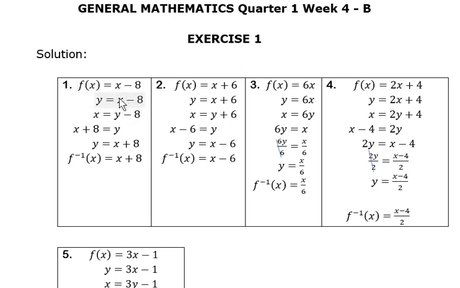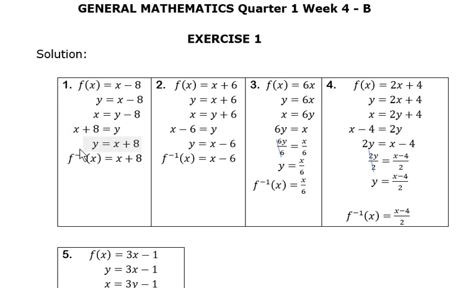Then interchange x and y. So the y becomes x, the x becomes y, and we have to isolate y. Since we have negative 8 here, to eliminate negative 8, we have to add. So negative 8 plus 8 becomes 0. So we have x plus 8 on the left side, leaving the right hand side y.